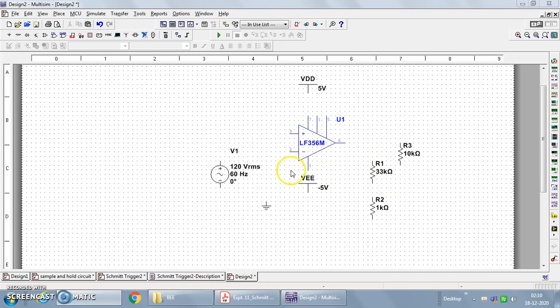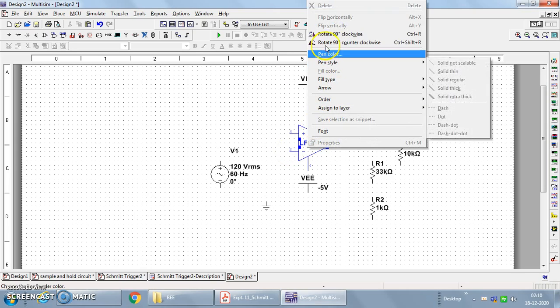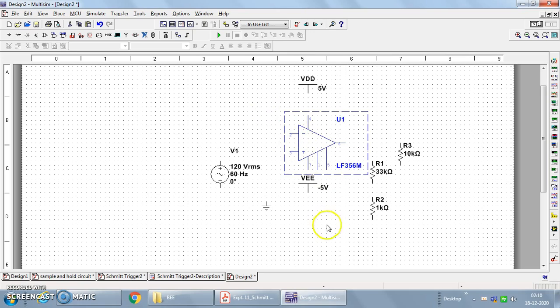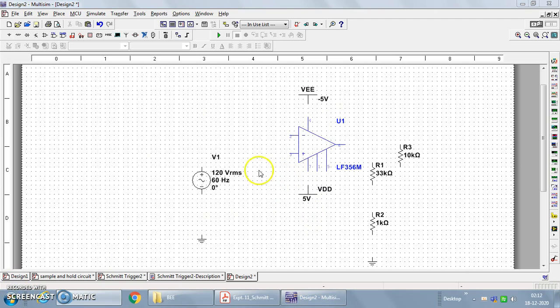Now let us interconnect these components. Before doing the interconnection, I will flip this IC vertically, so the connections will be easy. Let us do the connections from the non-inverting input terminal to the voltage divider network.